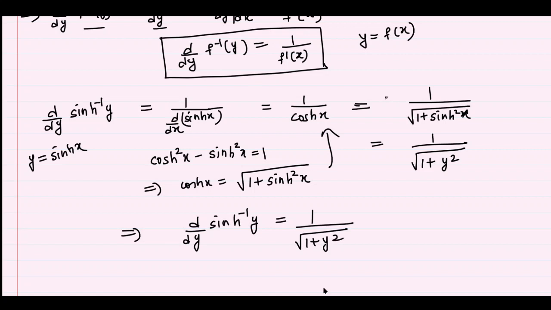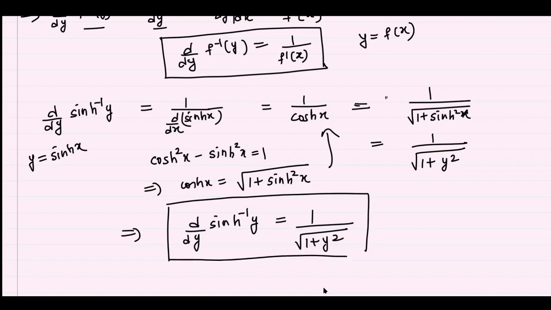We have proved this result: the derivative of the inverse hyperbolic function is 1 by root of 1 plus y square.